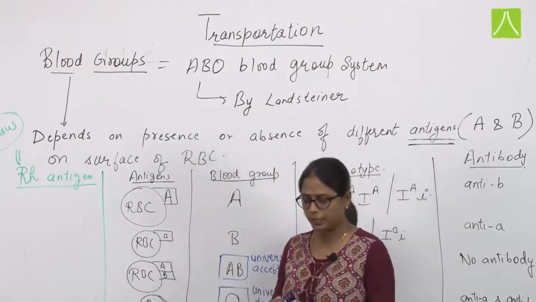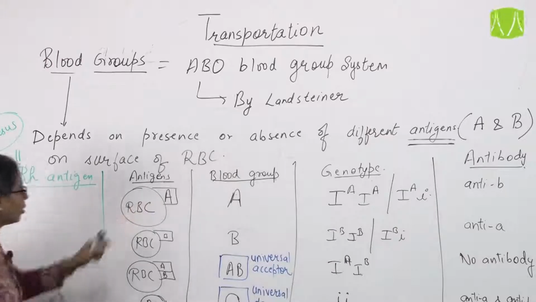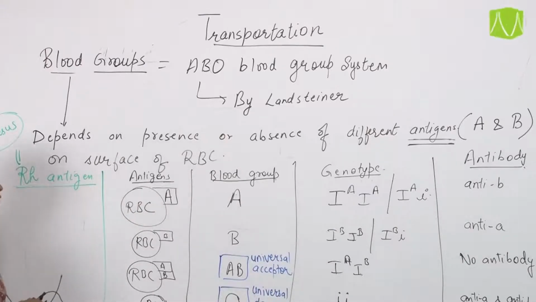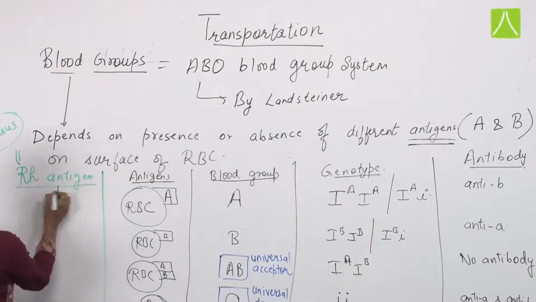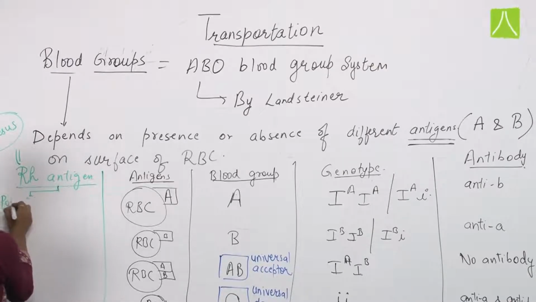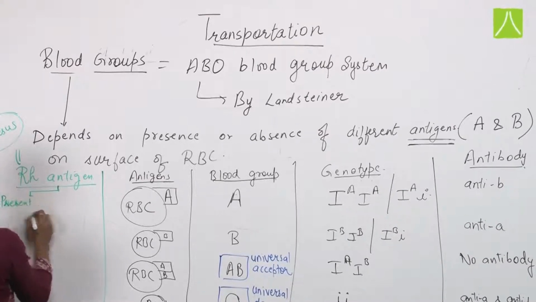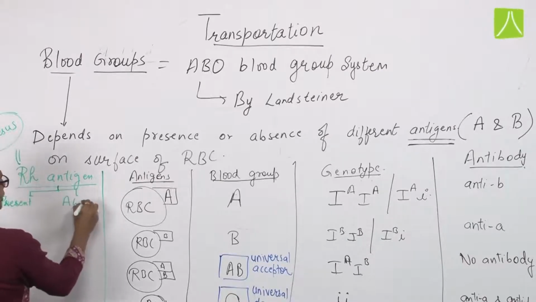If the RH antigen is present on the surface of RBC, then we consider it a positive blood group. If the RH antigen is absent on the surface of RBC, then we consider the blood group negative. For example, positive if present; either it is present or it is absent.